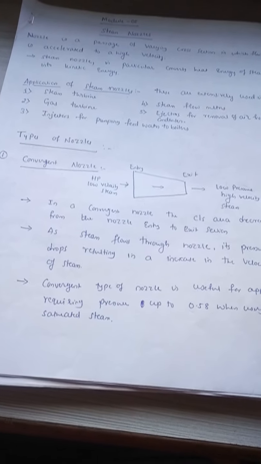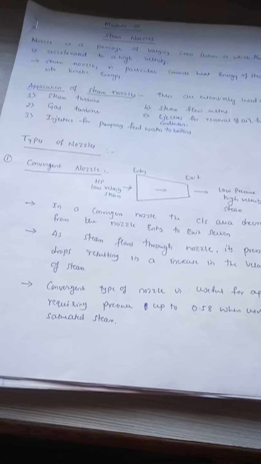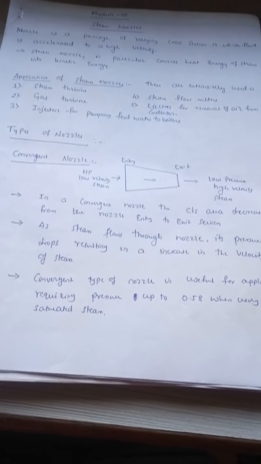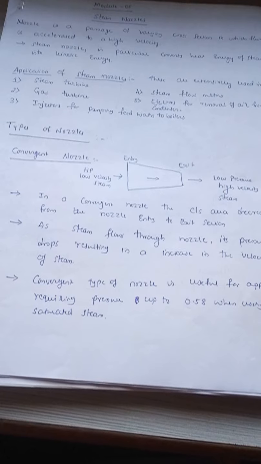The cross section decreases, this is very simple, this nozzle has a decreasing cross section from entry to exit. As steam flows through the nozzle, its pressure drops, and because the area is decreasing, velocity is going to increase. You also have the continuity equation, a1 v1 is equal to a2 v2. I will just show here, I will take the pen.